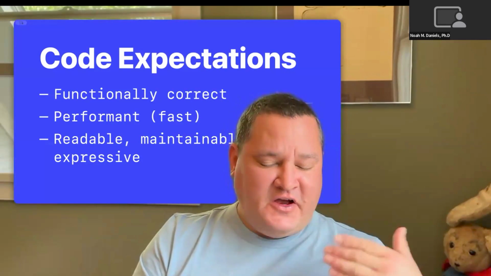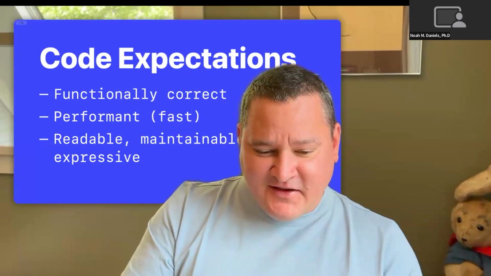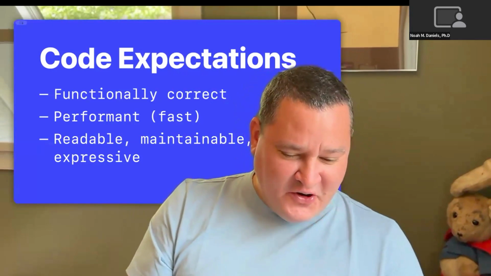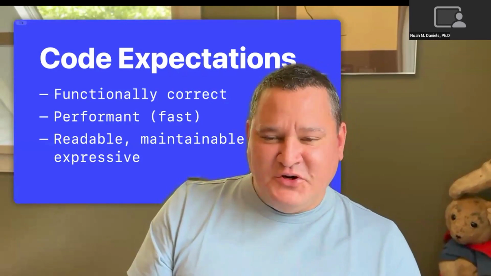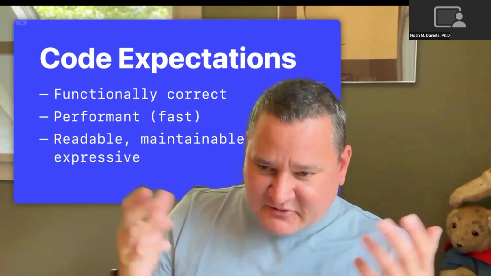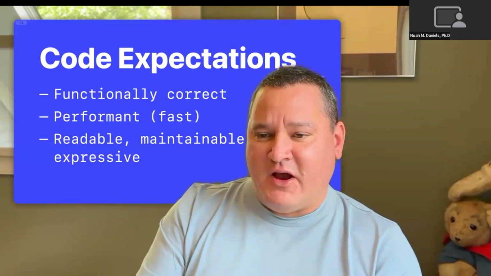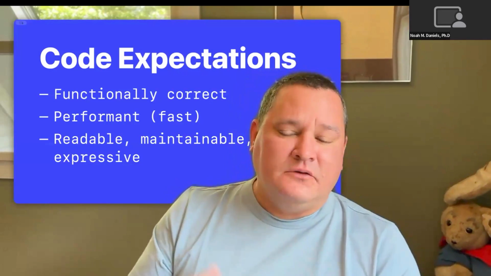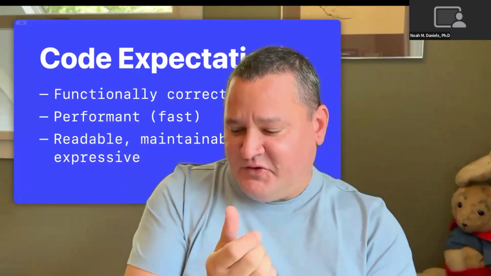It needs to be functionally correct. As my grad school teaching mentor once said, why would you want wrong answers fast? Programs have to be correct. It has to be performant, usually with reasonable limits.